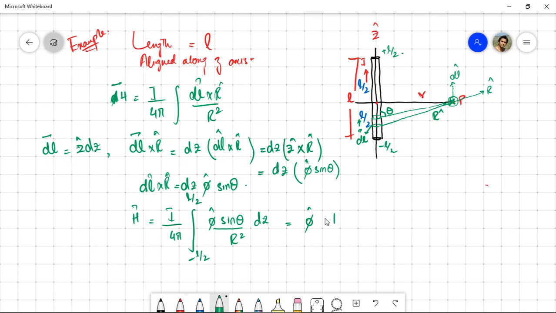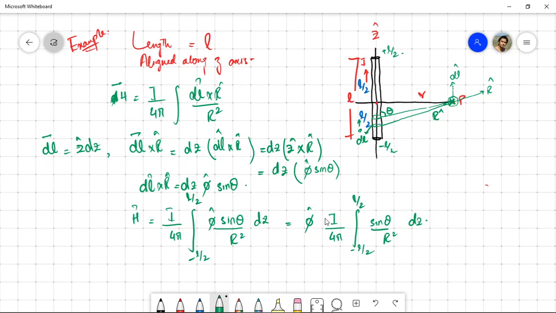this is phi hat I over 4 pi, integral from minus l by 2 to plus l by 2 of sine theta divided by r square dz. There is something wrong with this equation. What's wrong is that we have theta here, and we have the expression in the direction of phi hat, but we are doing the integration in the form of dz.